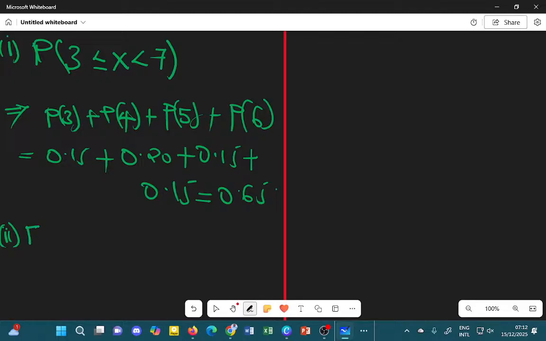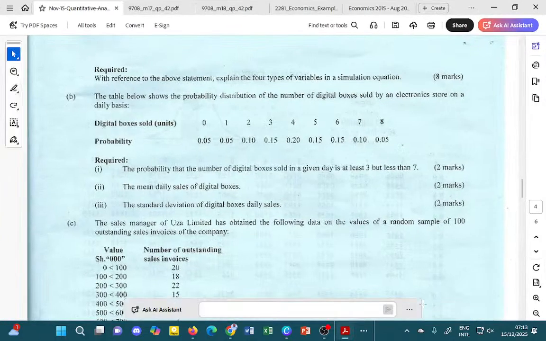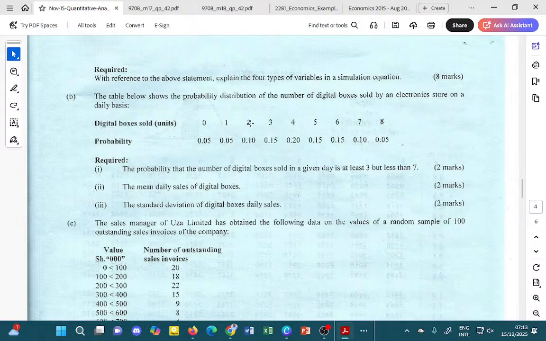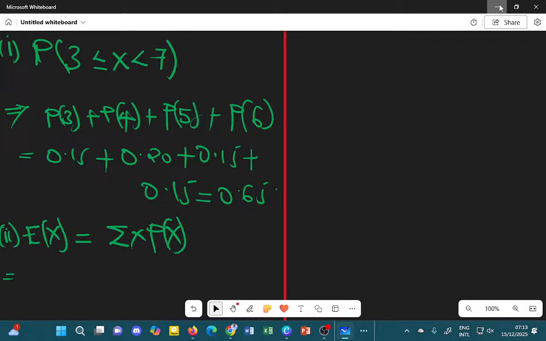The expected value of X is given by the summation of X times the probability of X. So we multiply this by this, plus this by this, plus 2 times this, plus 3 times 0.15, all the way up to 8.